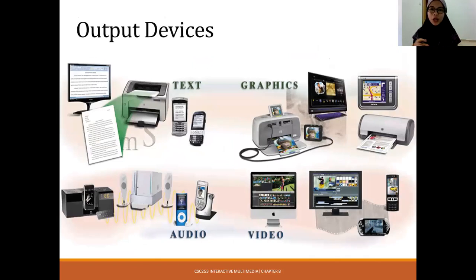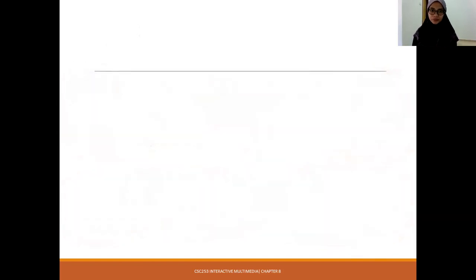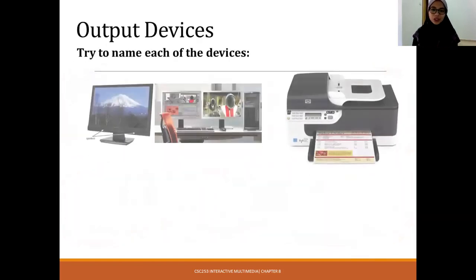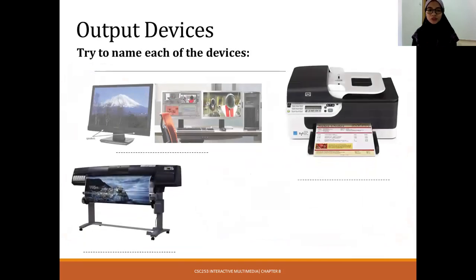Now we move to output devices. There are many examples of output devices. For example, speaker, monitor, printer. These are examples of output devices. Try to name each of the devices.